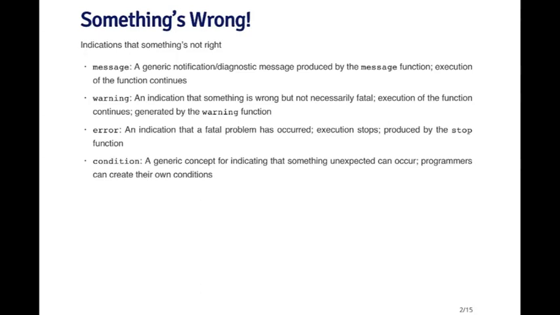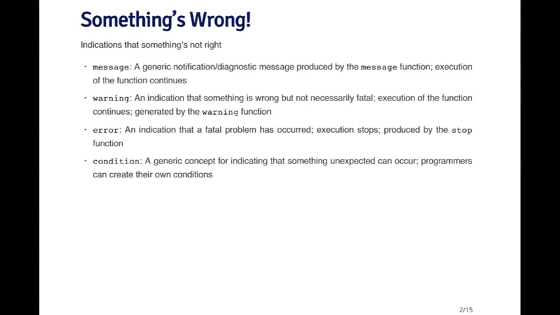And then an error is the last stop, right? An error is a fatal problem. This stops execution of the function, and these error messages are produced by the stop function. And then there's a general notion of a condition, which is a higher level concept. All three of these things are conditions. You can create new conditions if you wanted to.